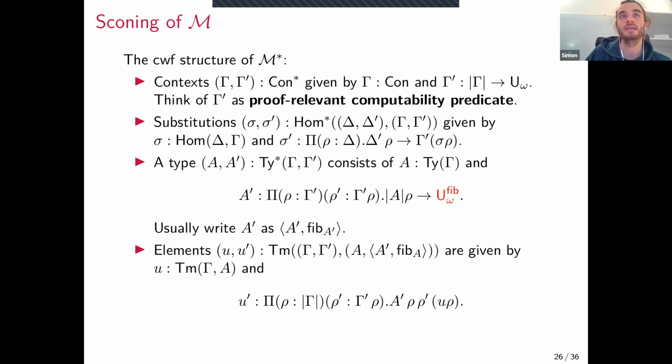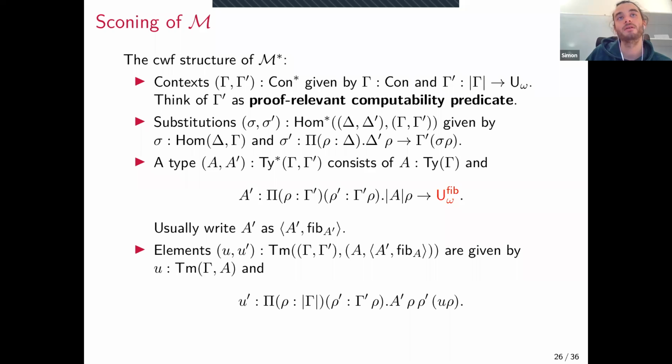And we really want to think of this gamma prime as a proof relevant computability predicate. Substitutions are also just pairs, so we are given a substitution which preserves this computability predicate. And now this is the crucial definition here.